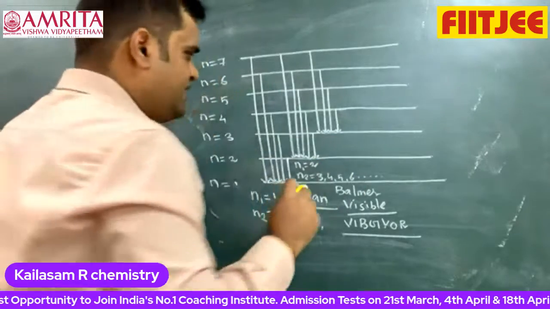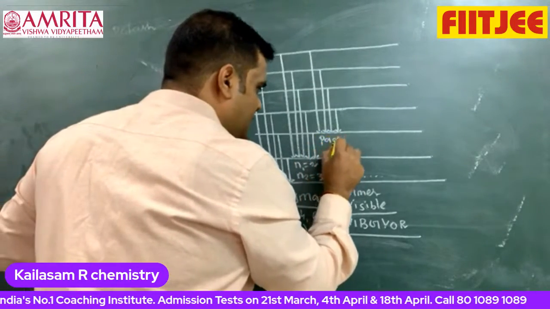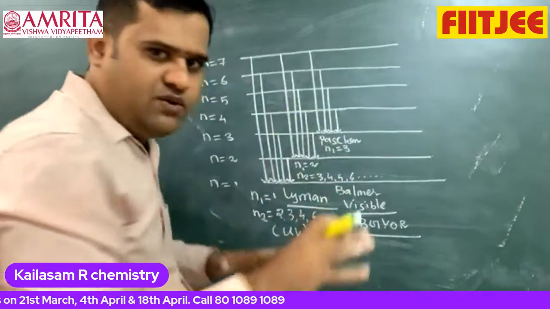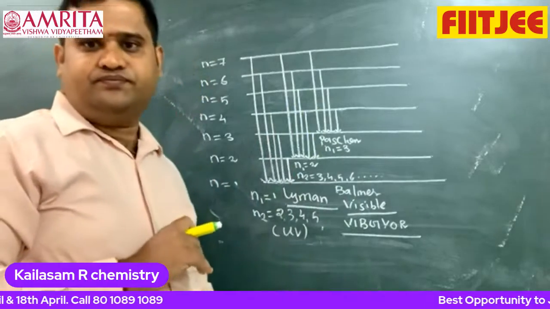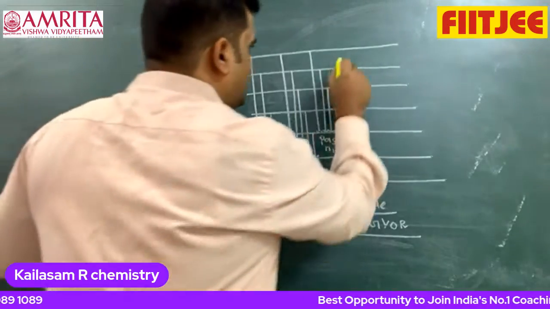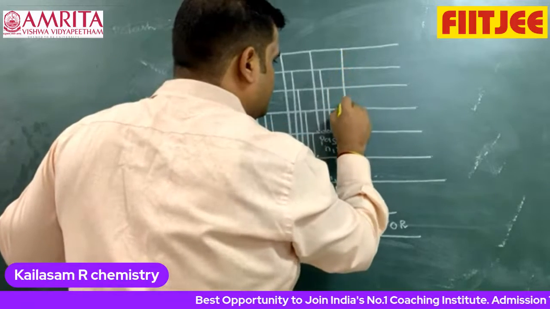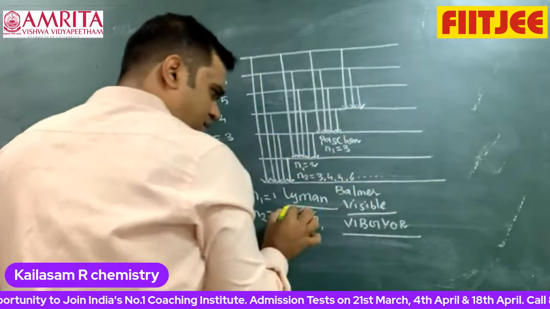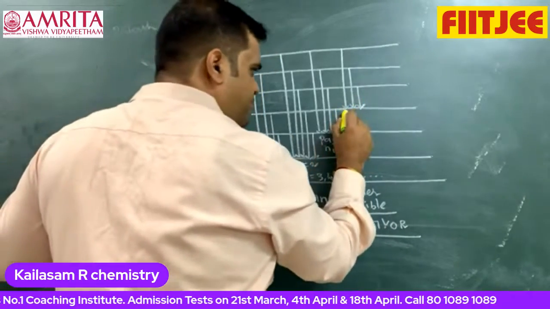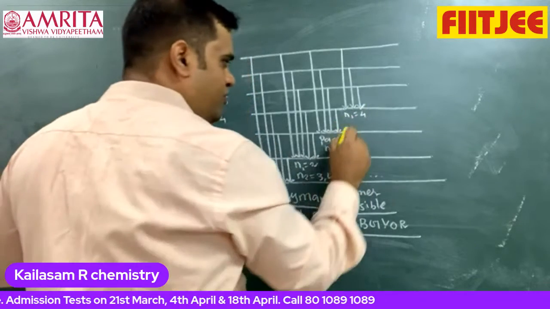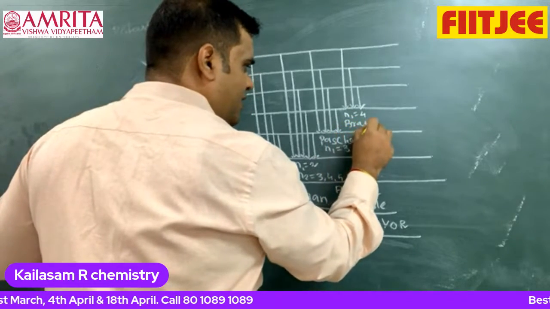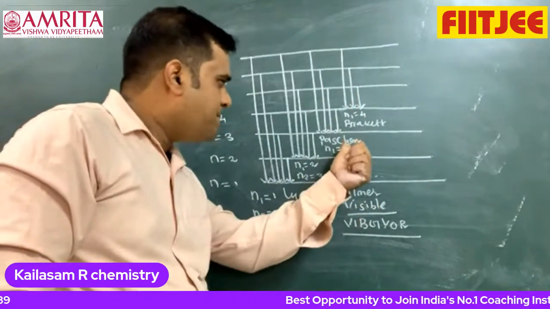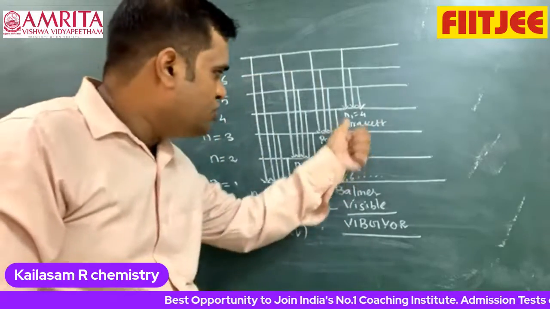Lyman, Balmer, and now Paschen series. In Paschen, n1 is equal to 3, which is observed in the IR region. Same thing, now look at this: Lyman, Balmer, Paschen, and Brackett series, when n1 is equal to 4.